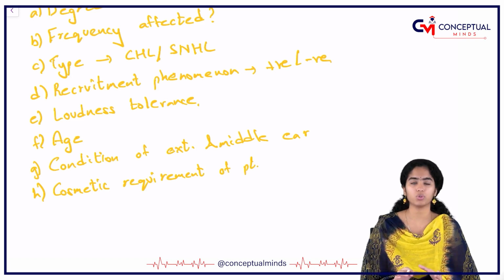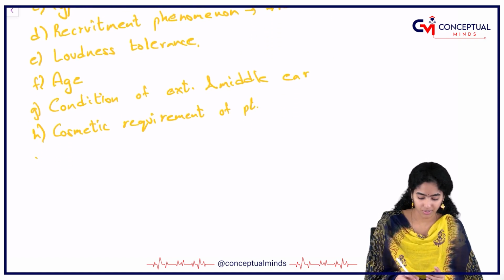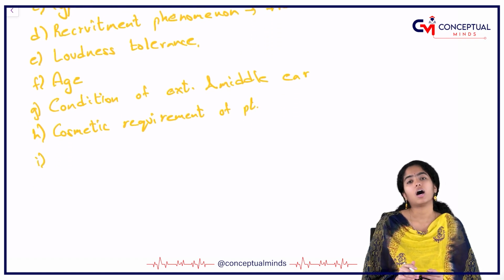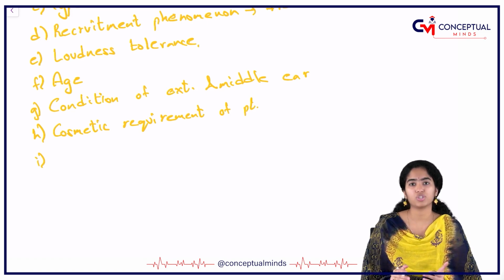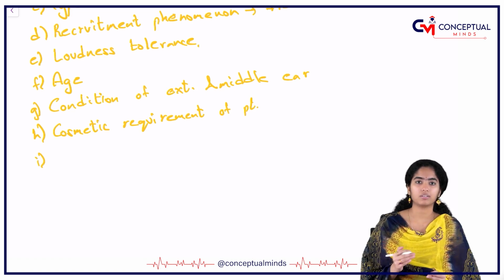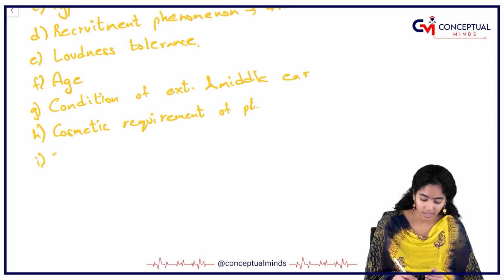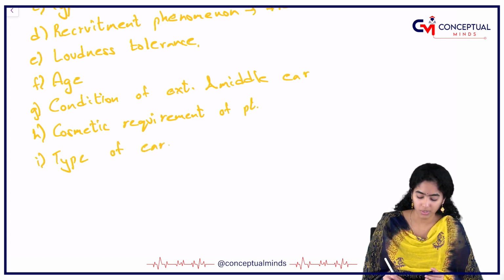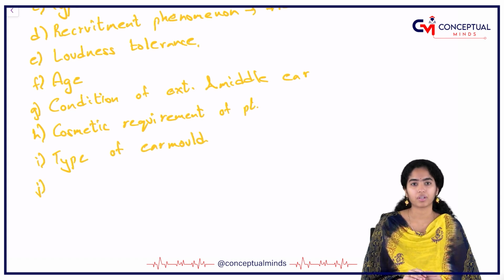So, based on that also you have to make decisions, okay? And that differs from individual to individual, because higher the cosmetic appeal, usually higher the price. So all these things have to be kept in mind and decided, okay? And the type of ear mold. Ear mold is that device which is sitting in the ear.